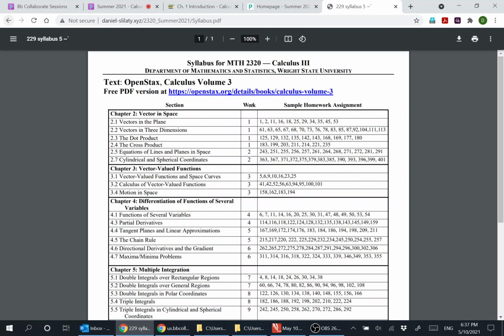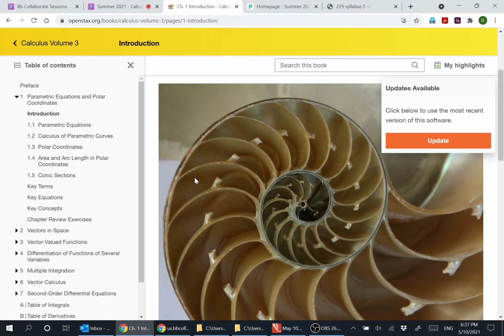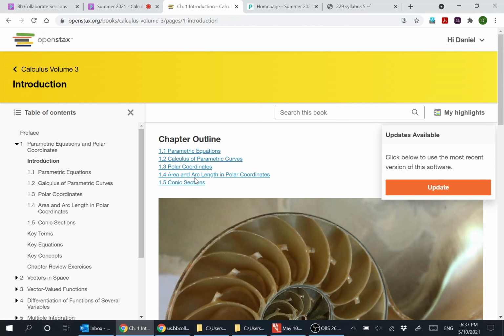Okay, so that's the syllabus for the course, and on the syllabus there's a link to the textbook, and the textbook is a free open source textbook. Here it is. It's a good textbook. It's got all the material, and it's presented very well. The only problem is there are typos in the exercises. A lot of times the solution in the back of the book isn't right. Not a lot of the time, sometimes.